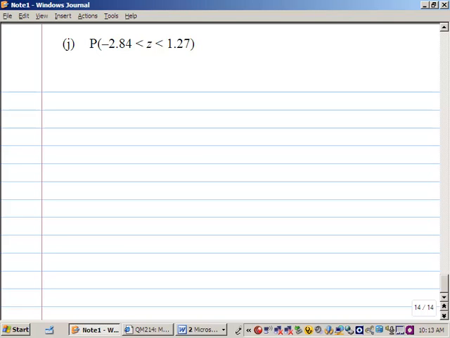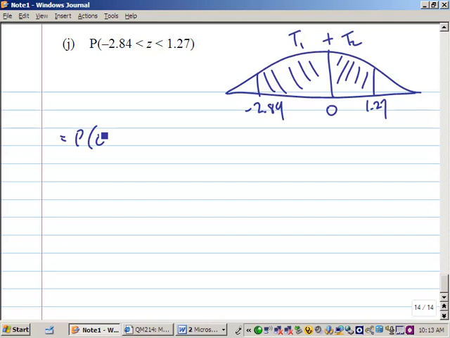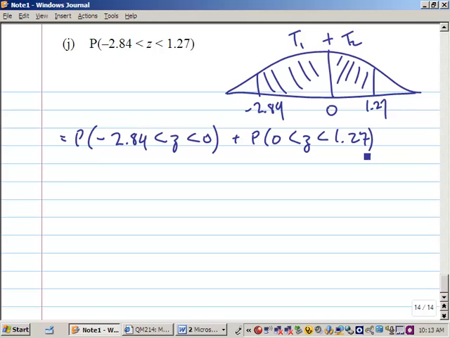Next, area from negative 2.84 to positive 1.27. We're going to cross the 0 point, so we're going to have two areas and we're going to add the two. First, the probability from negative 2.84 to 0, and then we're going to add from 0 to 1.27.